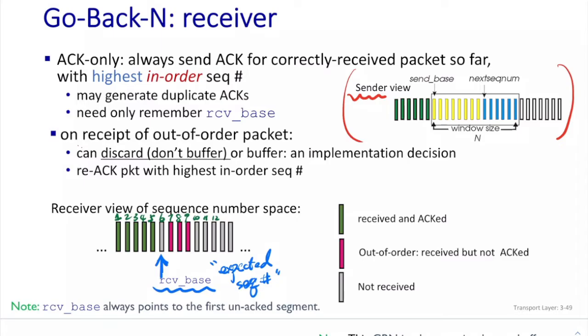But if the packet gets lost in the routers, the timer at the sender side will eventually time out. So the Go-Back-N sender will send 6, 7, 8, and 9, and possibly 10, 11, 12. It sends all the yellow packets in the window to the receiver.